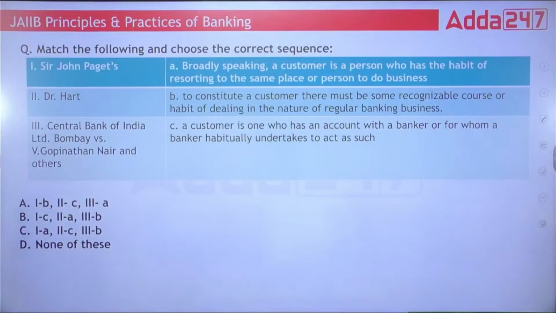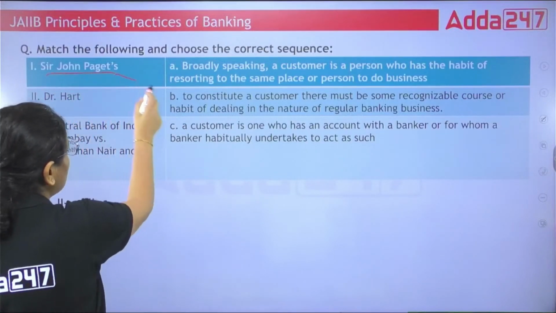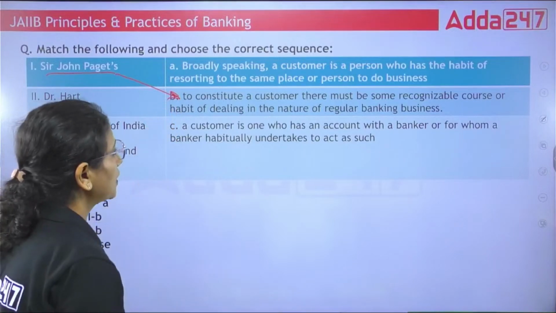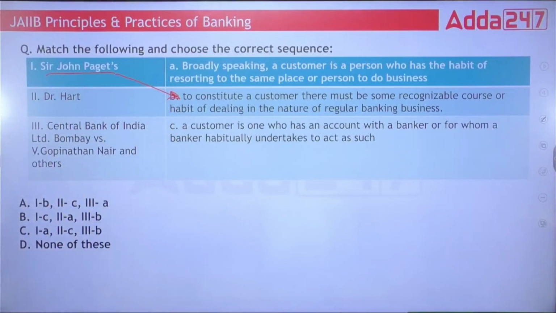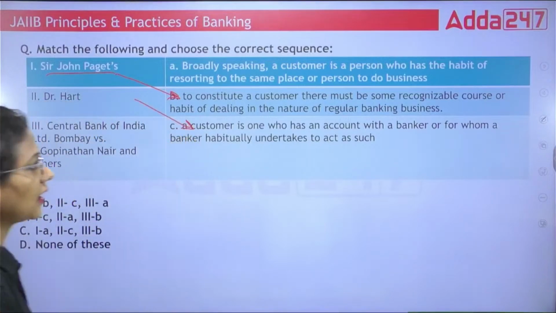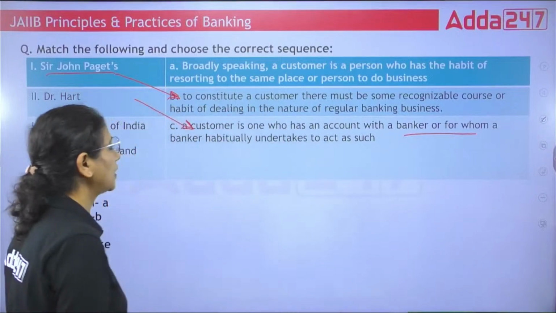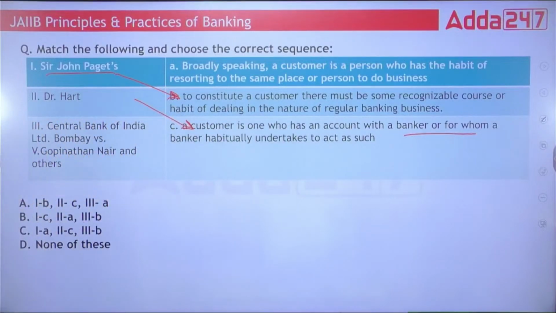So what is going to be the answer? John Paget's definition was, to constitute a customer, there must be some recognizable course or habit of dealing in the nature of regular banking business. Dr. Hart said, a customer is one who has an account with a banker or for whom a banker habitually undertakes to act as such.